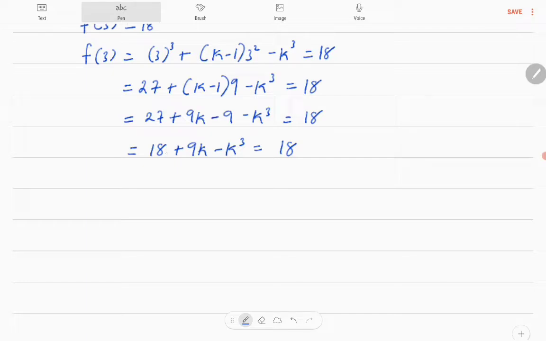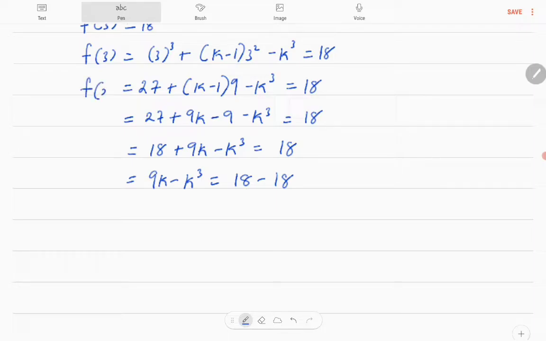So we can bring 18 to the other side, we'll have 9k − k³ equals 18 − 18.